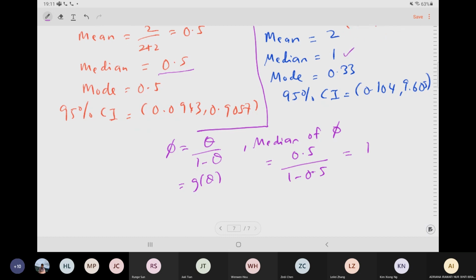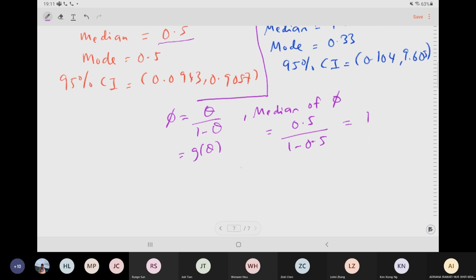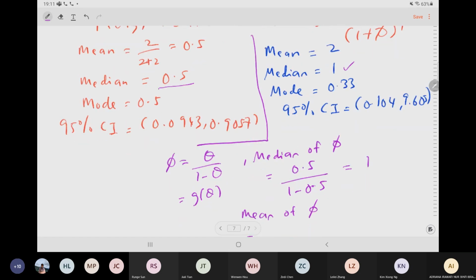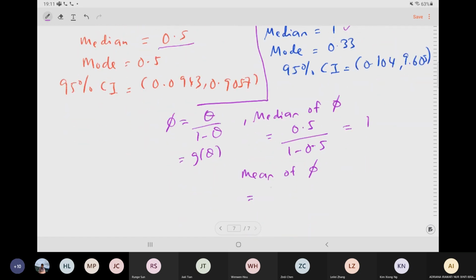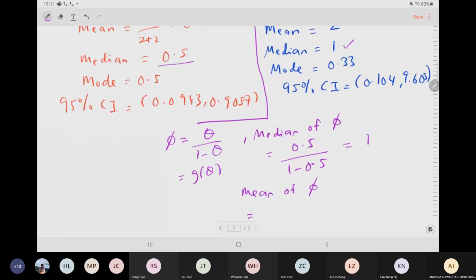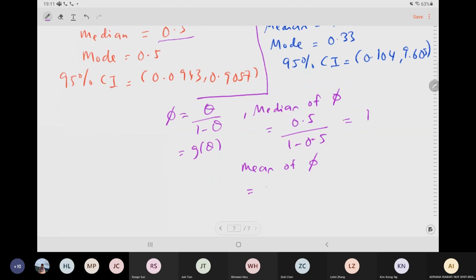But if you find the mean of phi using this formula, the mean of theta is 0.5, so you get 1.